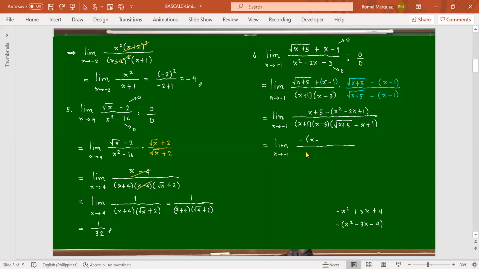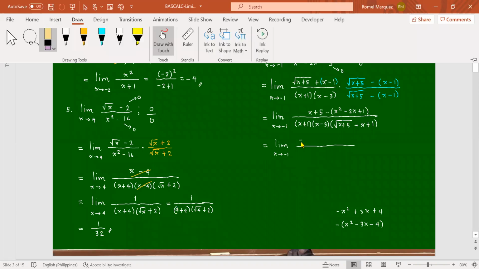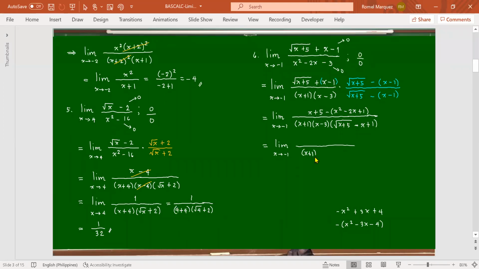Okay, very good. Wait, let me write the denominator first. There's a lot in the denominator. So we have x plus 1, x minus 3, times square root of x plus 5 minus x plus 1.